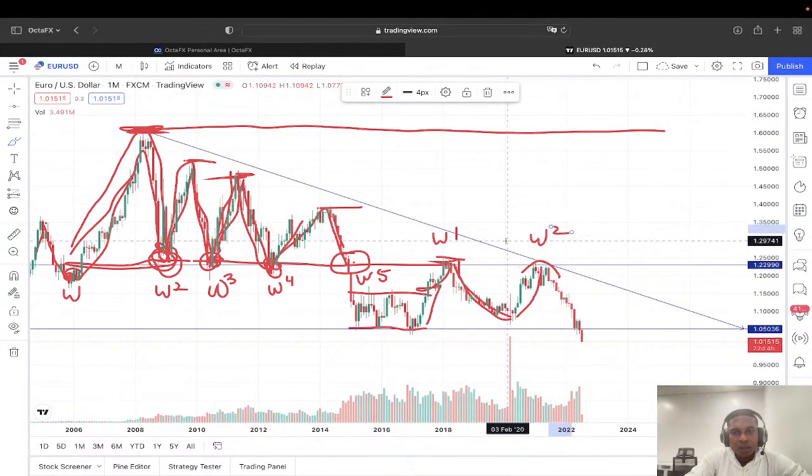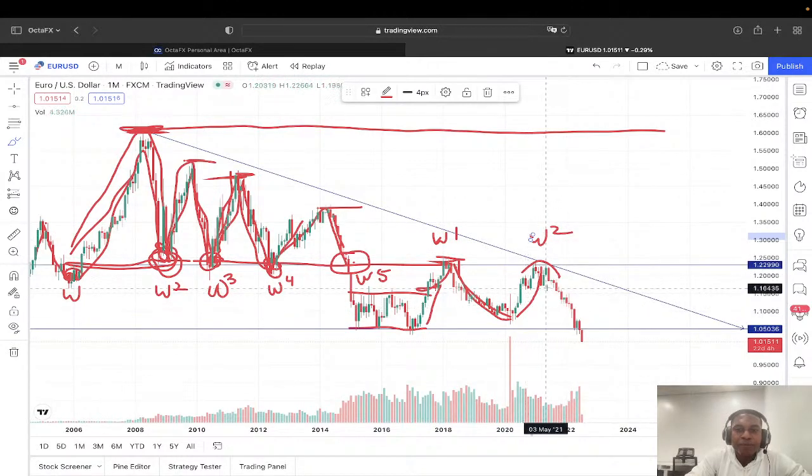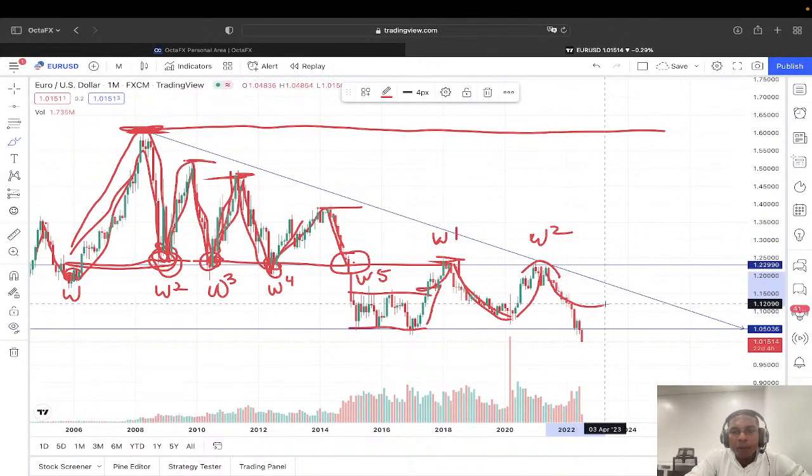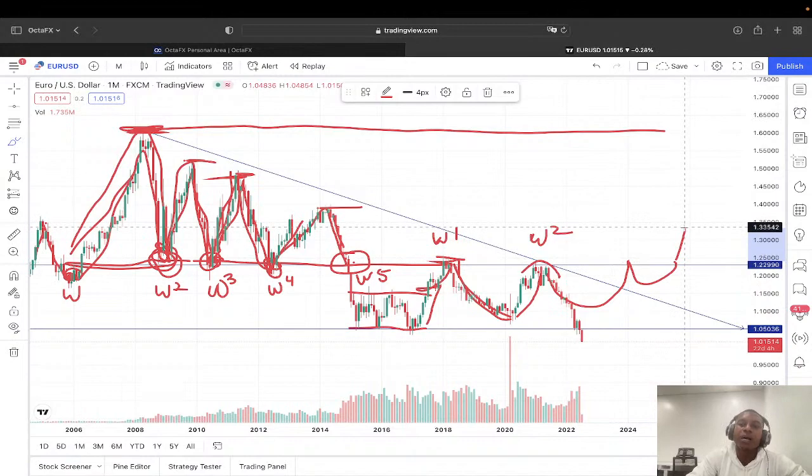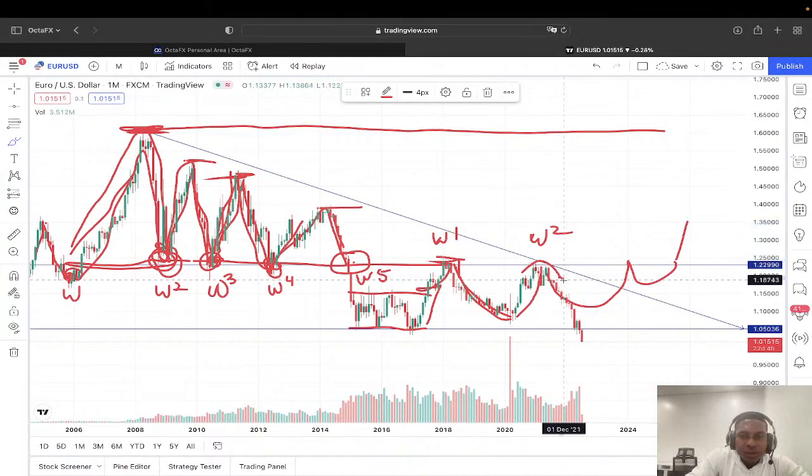If price had come down and come back to touch this place, then it becomes weakness 3, and the next one might then lead to a breakout. But you can see that there was a game changer here and price went further down.